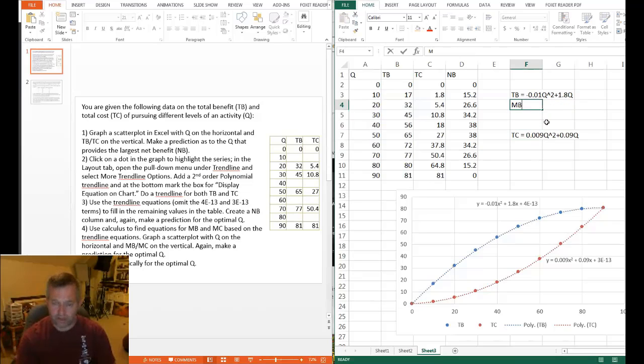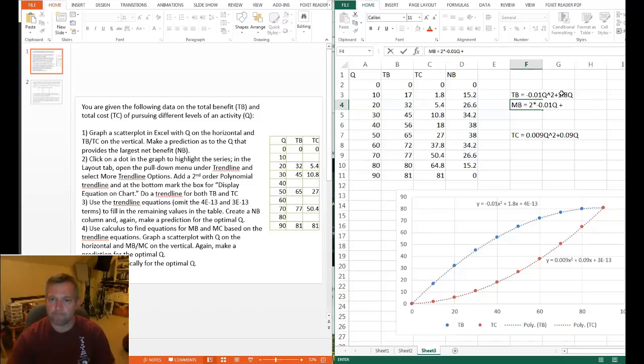So the marginal benefit would have to be 2 times negative 0.01 q, and it would be q to the first, but anything to the first power is just itself, so I'll just leave it like that. Plus 1.8 times q.